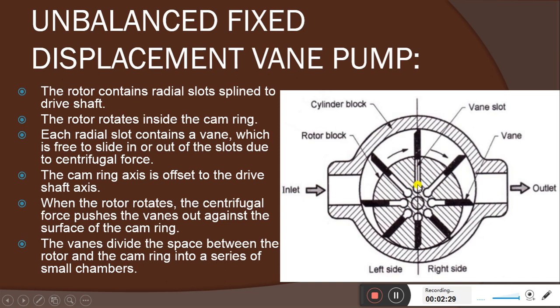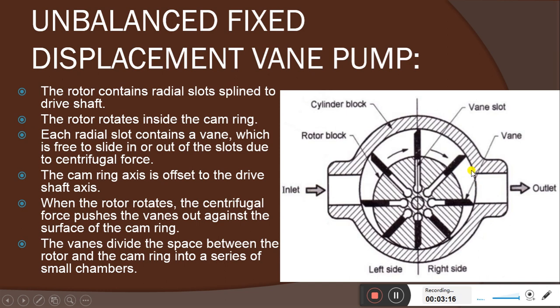This block consists of radial slots, which provide the passage for the vanes. The black colored part shown here is a vane. These vanes are free to reciprocate in the vane slots, moving with the centrifugal force during the rotation of the rotor block. The casing covers this rotor block.